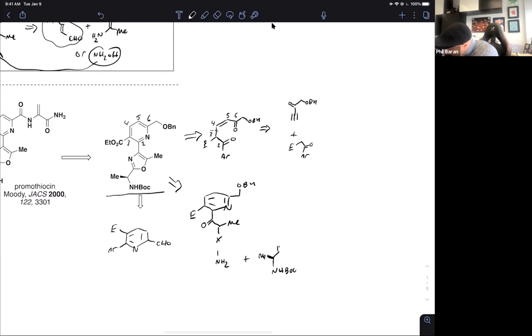So you're likely going to need for this array something like that, if you were to do that. And then couple, and then do a Robinson-Gabriel dehydration. But that doesn't really help you. You're still now stuck with making that pyridine, aren't you?